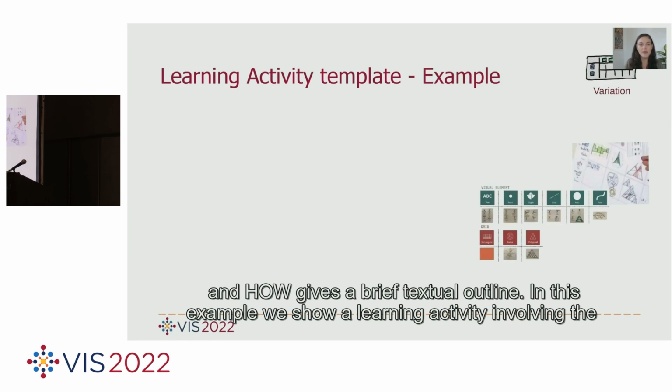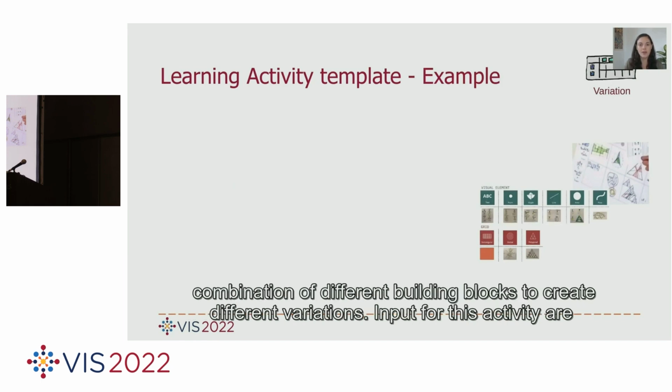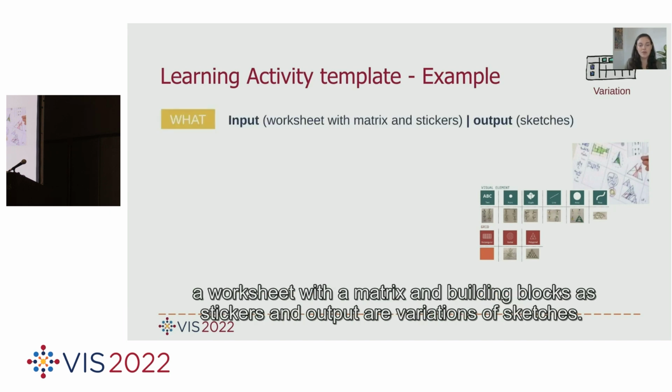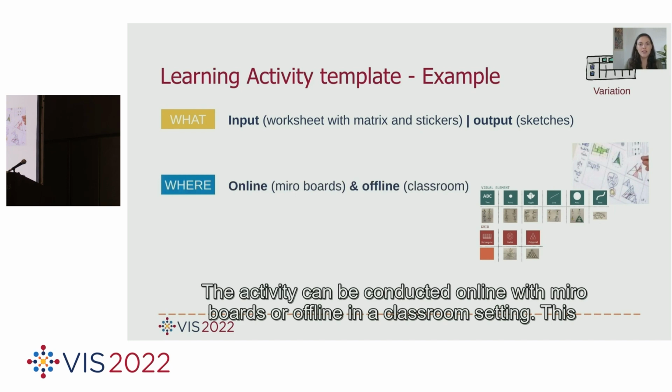In this example, we show a learning activity involving the combination of different building blocks to create different variations. Input for this activity are a worksheet with a matrix and building blocks as stickers, and output are variations of sketches. The activity can be conducted online with mirror boards or offline in a classroom setting.